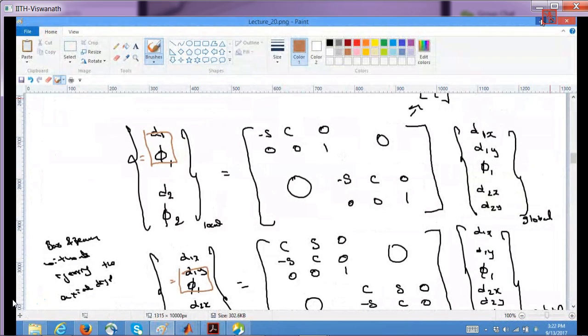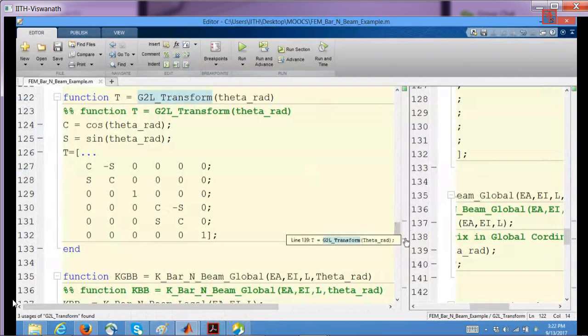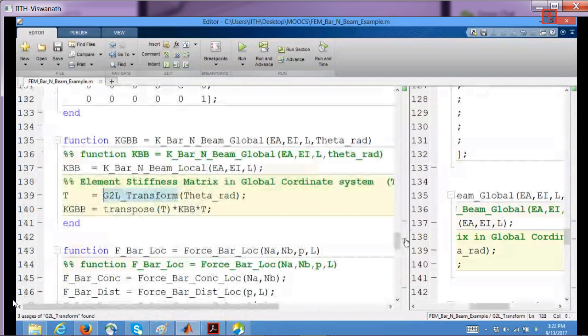Using this transformation matrix, if I already know the local stiffness matrix of the bar and beam, T transpose K local times T will give me K global for the bar and beam. So this is my KGBB, which is the bar and beam global stiffness matrix. No matter what theta is, theta will give us the transformation T, and T transpose KBB local times T gives the global stiffness matrix.